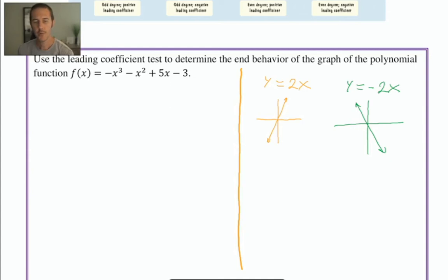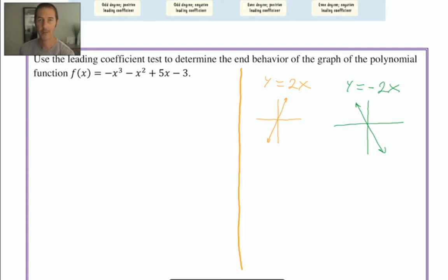So the first equation and graph that I drew here has a positive leading coefficient, and the polynomial is to the first degree. 1 is an odd number, so it is an odd degree polynomial.